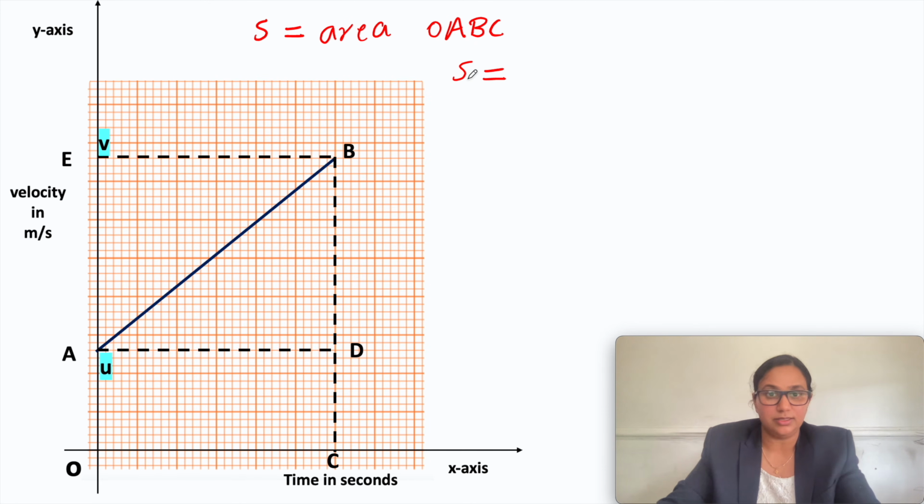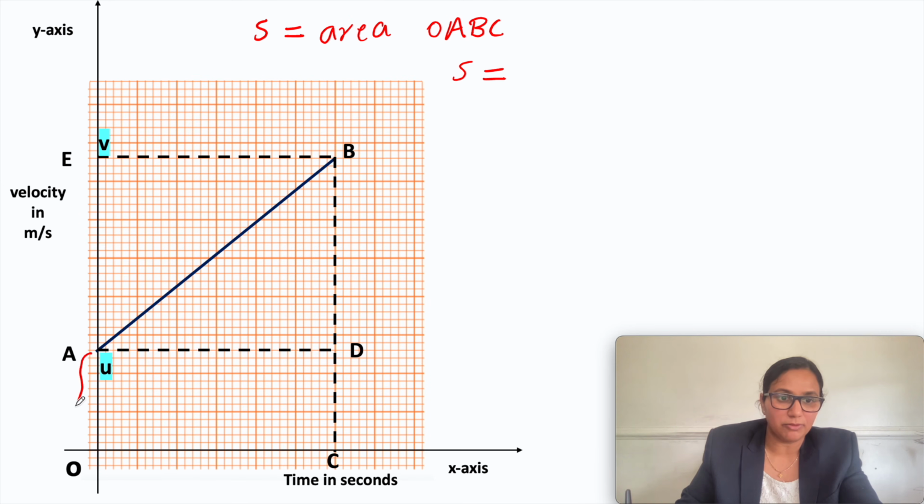You also know the formula for the area of a trapezium: the sum of parallel lines into the perpendicular distance divided by 2.